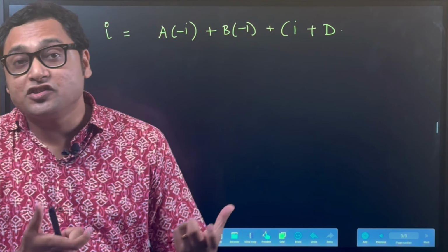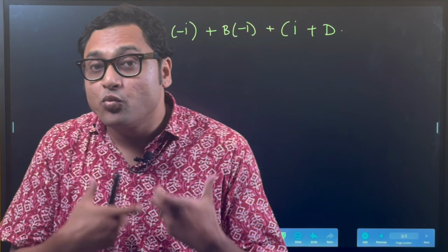Basically the imaginary part is whatever is multiplied by i. So we have C minus A times i, and here we have D minus B. D minus B is the real part, and this is the imaginary part.